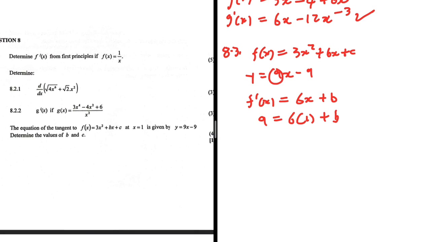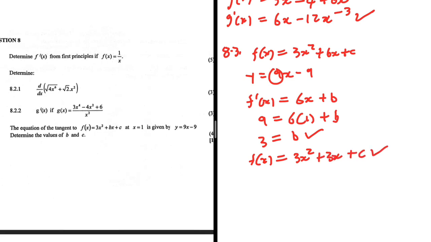So 9 minus 6 is 3. So b equals 3. There we go. We have the value of b. So f of x at this point, we know that it is equal to 3x squared plus bx. b is 3, so plus 3x plus c.